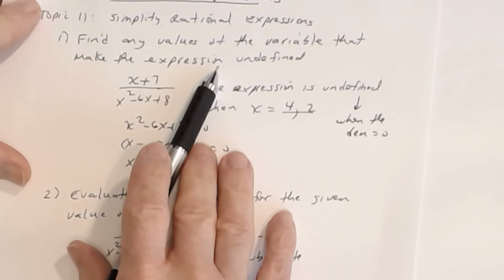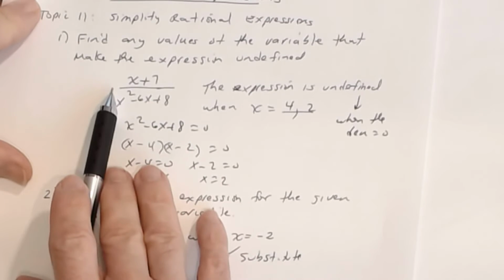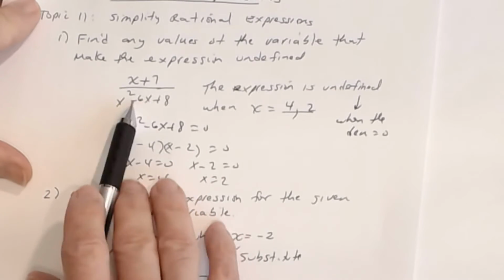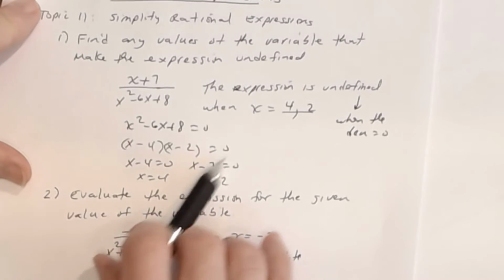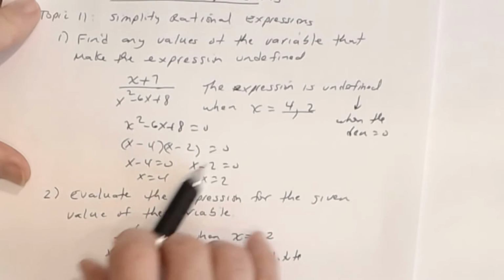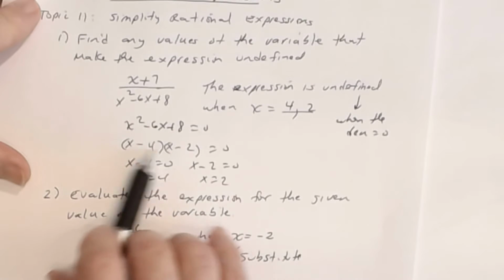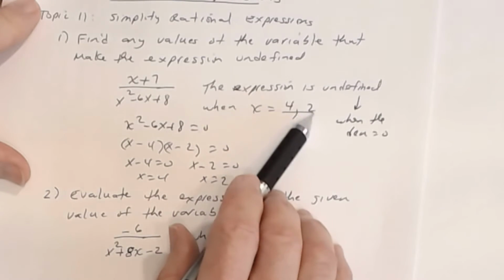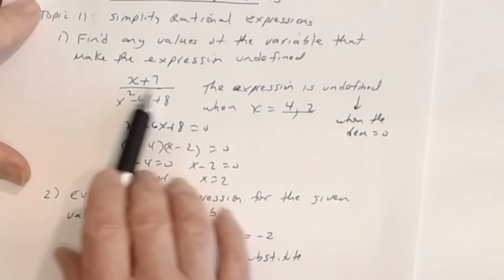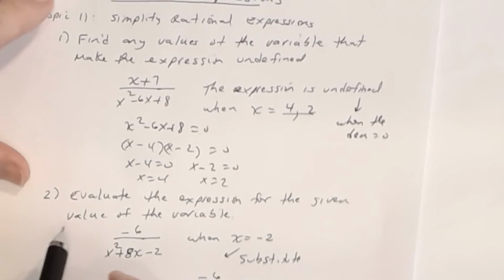So number 1 was asking you to find where this expression is undefined. So it's undefined when that denominator is 0. So this goes back to what we did in topic 10. So topic 10, remember, was solving an equation by factoring. And so these values, if you substitute in here, will make this denominator 0.